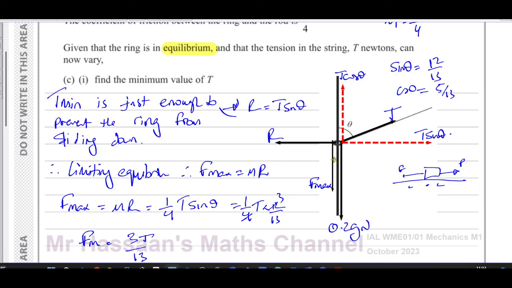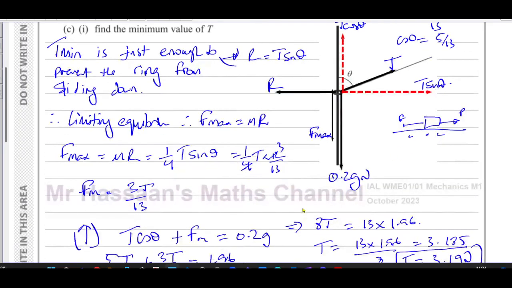So we want to find the value of T such that it's just about to slide up the plane. The frictional force is going to reach its maximum possible value, so that its force plus the weight will balance out the component of T that's trying to pull it up.